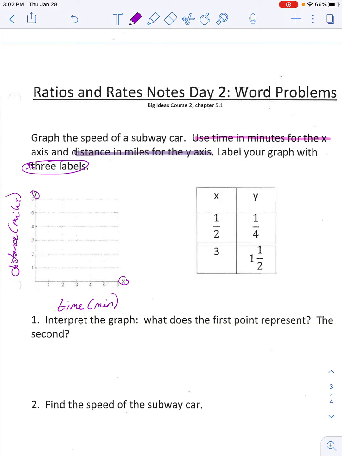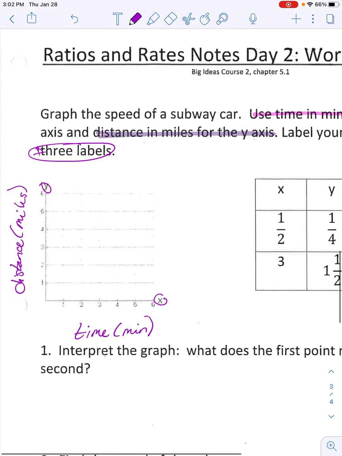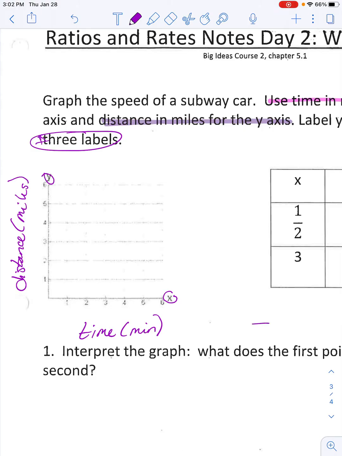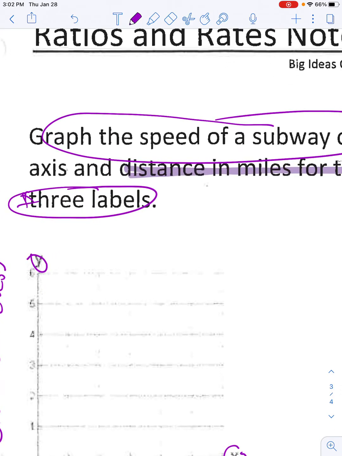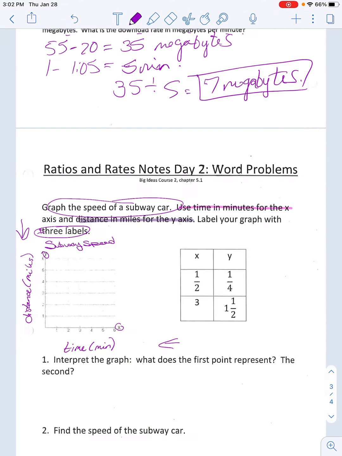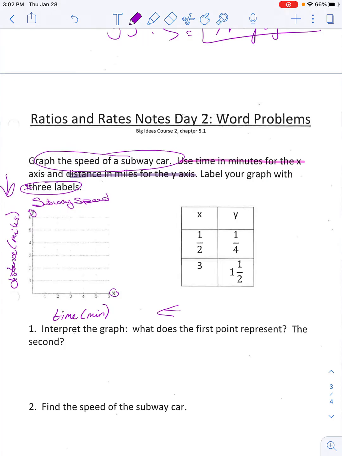It says 3 because when you do this on your test at the end of the chapter, I'm going to expect an x-axis label, a y-axis label, and a title. This is the graph of the speed of a subway car, so that's what I'm going to name it. Okay, there are your 3 labels.